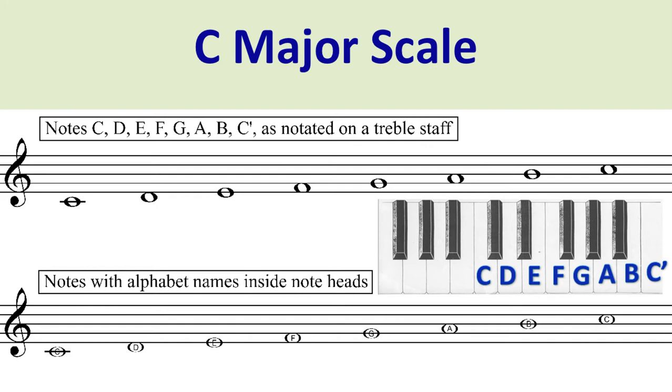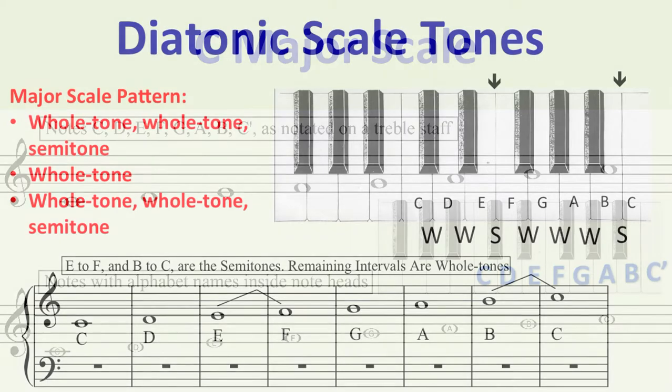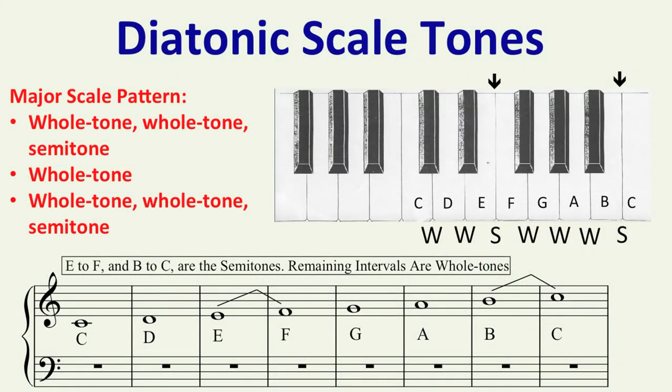Good job! A major scale is a string of diatonic whole tones and diatonic semitones arranged in a specific pattern. Whole tone, semitone, whole tone, then whole tone, semitone again, or WWS, WWWS. Can you hear the difference between the whole tones and semitones?